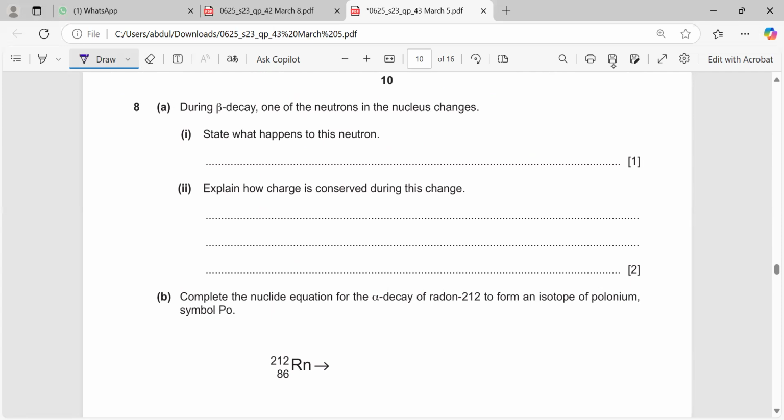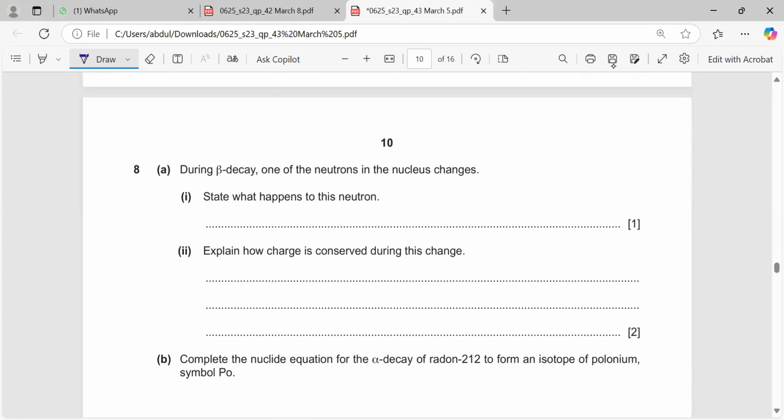This neutron is broken into one proton and one electron. Neutron, 0 and 1, changes to one proton and one electron, which is a beta particle.